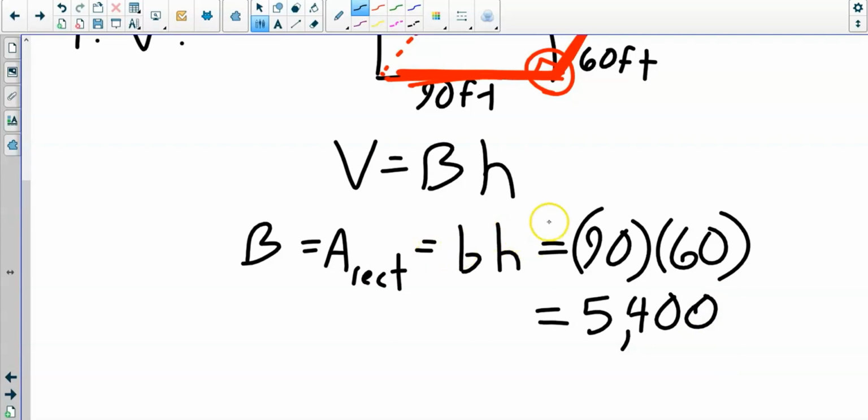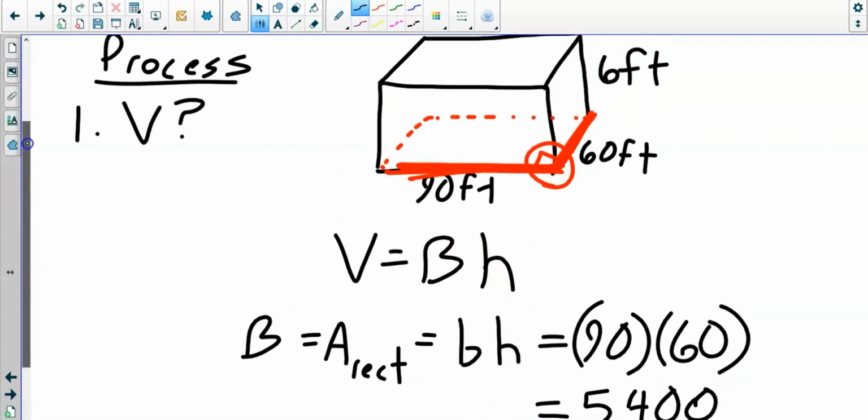Now this H right here is all about the height of the three-dimensional shape. You got two different H's up here. This is the height of the base, which is a two-dimensional shape. This height right here is the height of the solid, the three-dimensional shape. So up here, that's the only other number that we really haven't used.